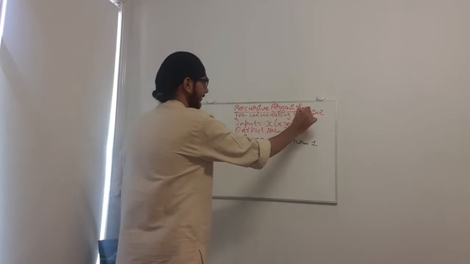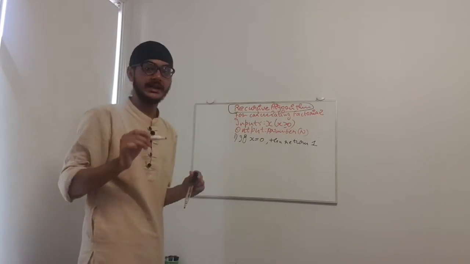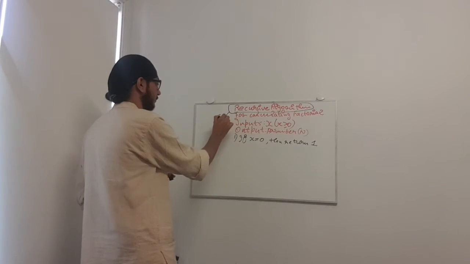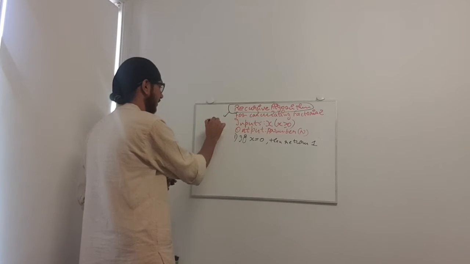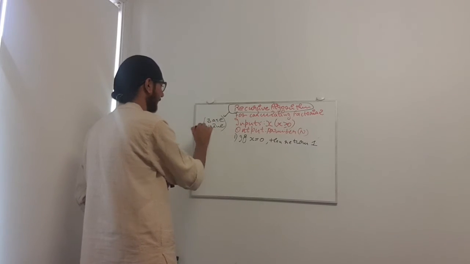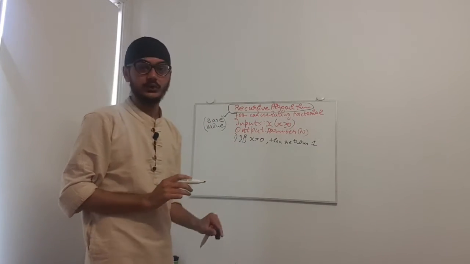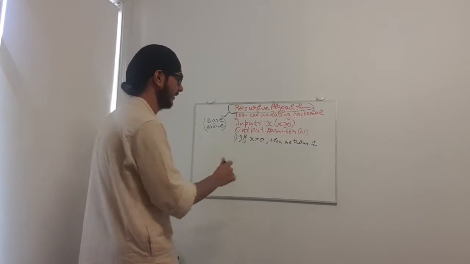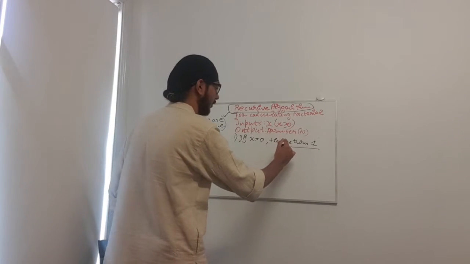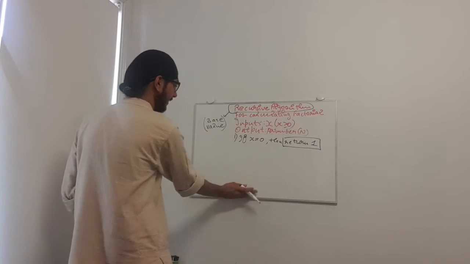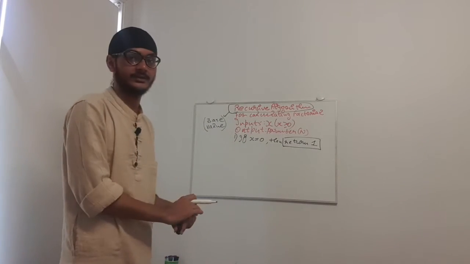In any recursive algorithm, we need a base value. If x is equal to 0, then we return 1. Return means that we stop executing the next steps in our algorithm and just exit from the algorithm.